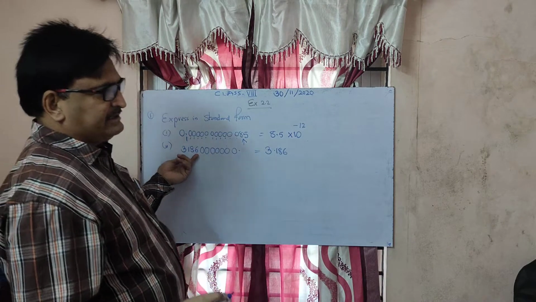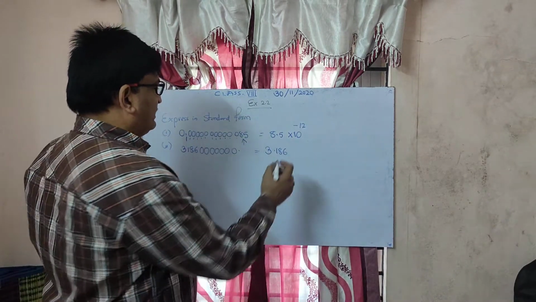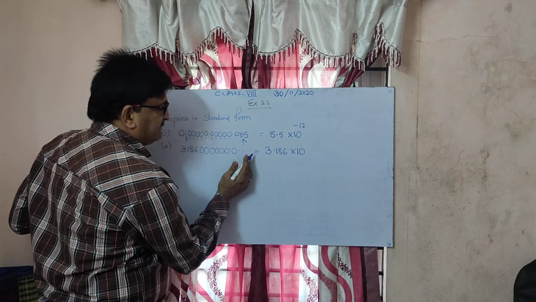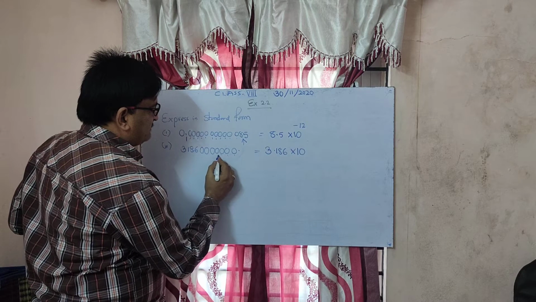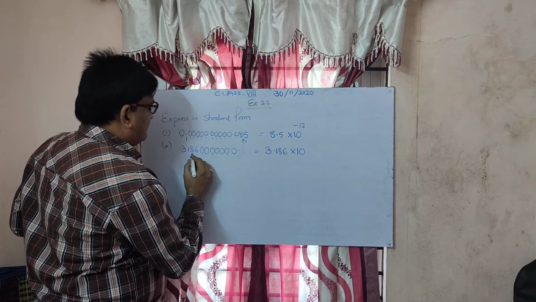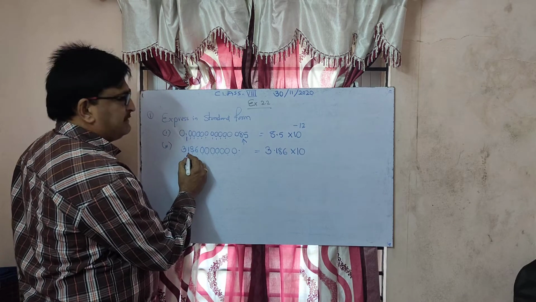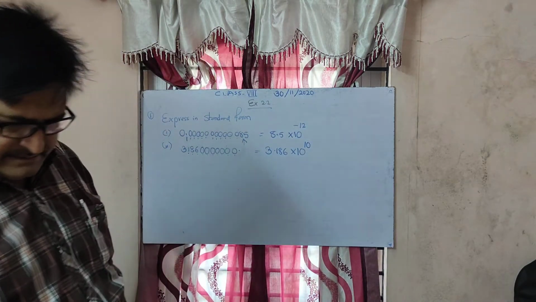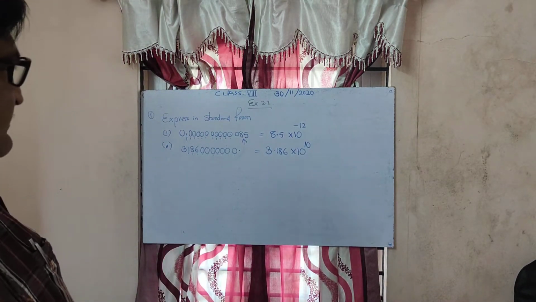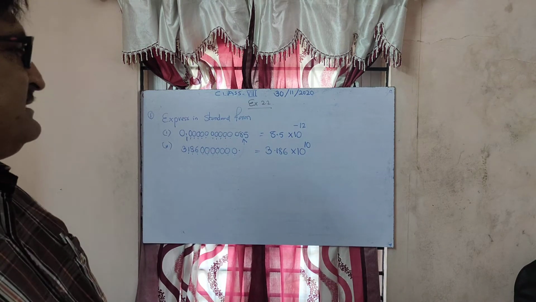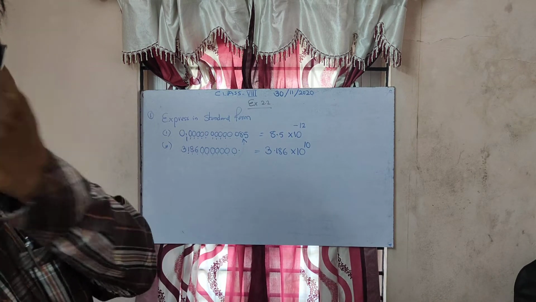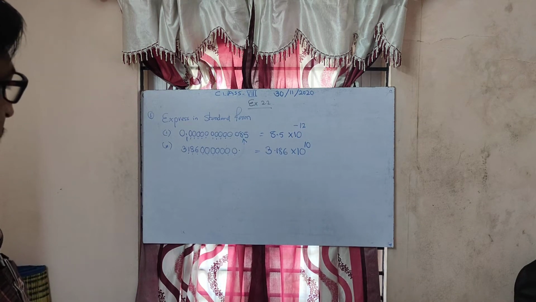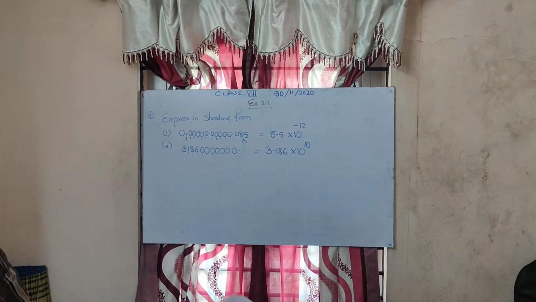Whatever number is there, just write it. There is no need to write zeros. Into 10 to the power. Now, if the point is here, on the right hand side, it has to move left. 1, 2, 3, 4, 5, 6, 7, 8, 9, 10. It moved 10 digits. So 3.186 into 10 to the power 10. This is how a number can be written in the form of standard form. Now question number 2.